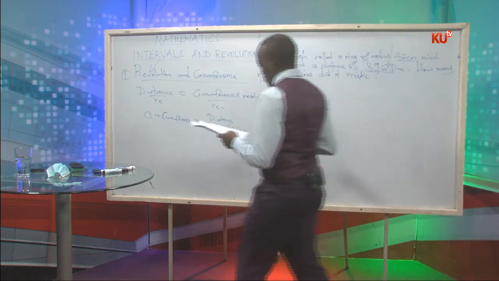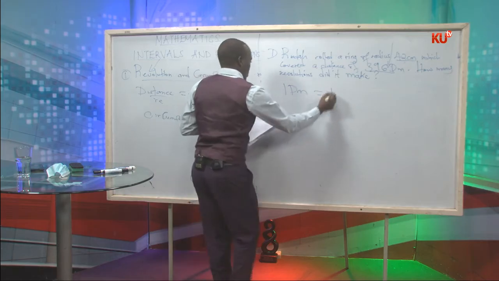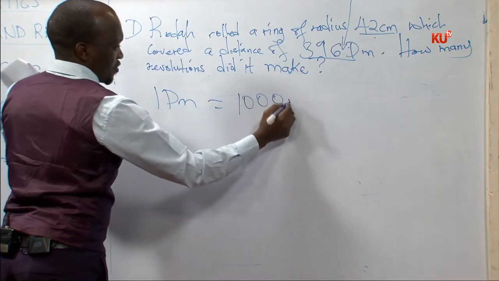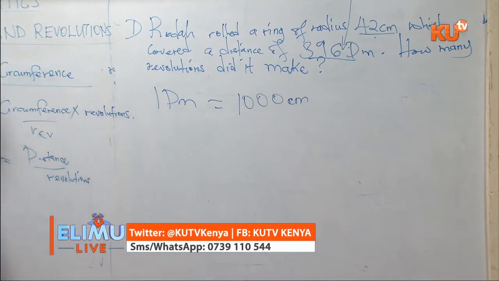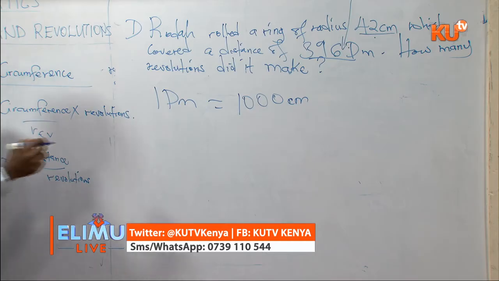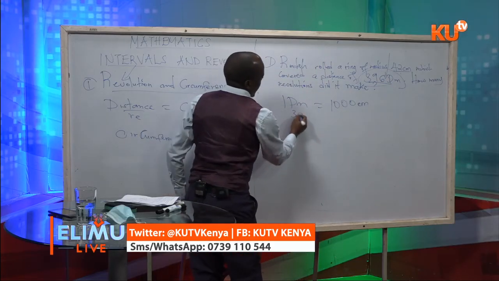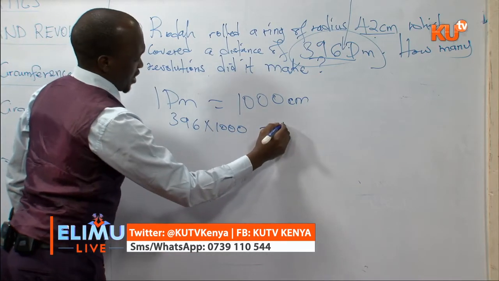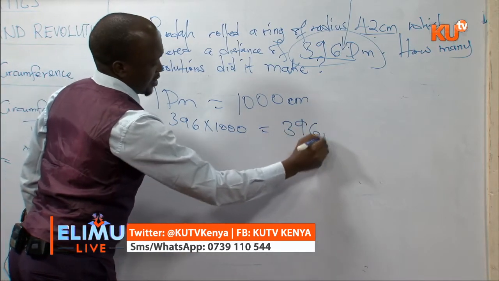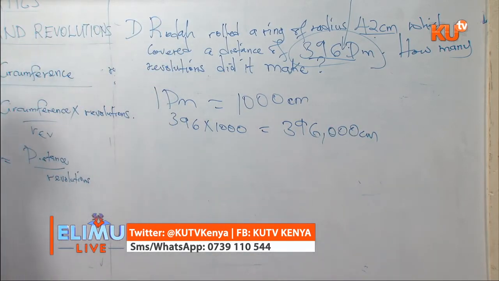And we know that 1 decameter is equal to 1,000 centimeters. So first start by changing the units. We take 396 times 1,000. We get 396,000 centimeters. So that one is the distance.